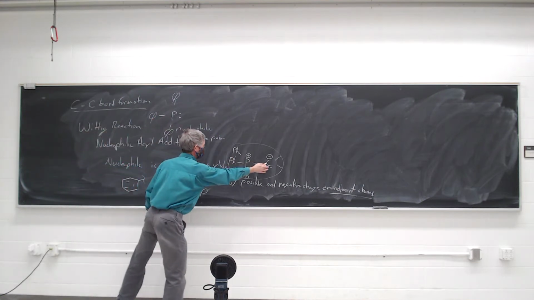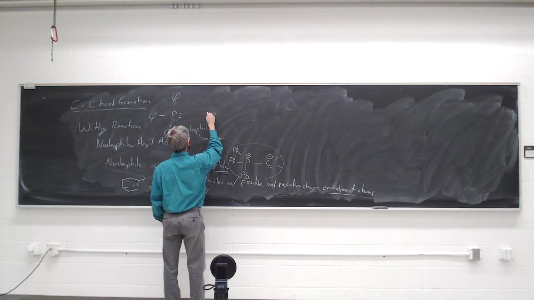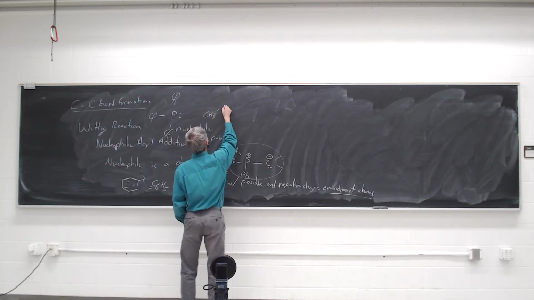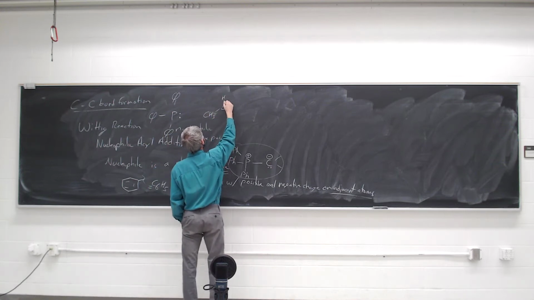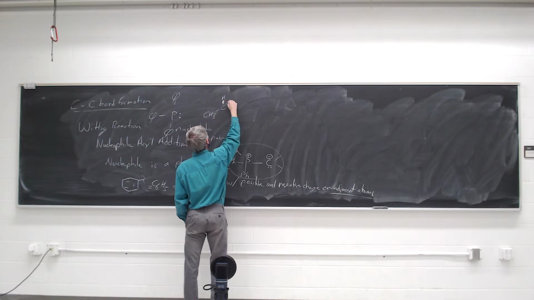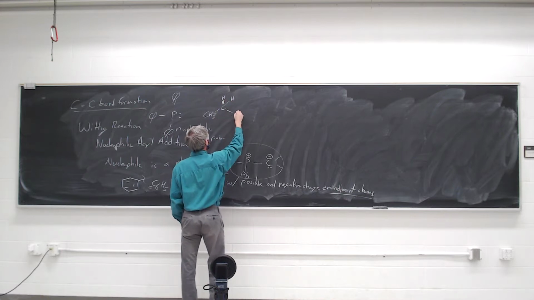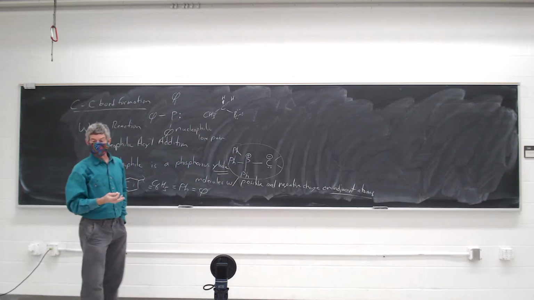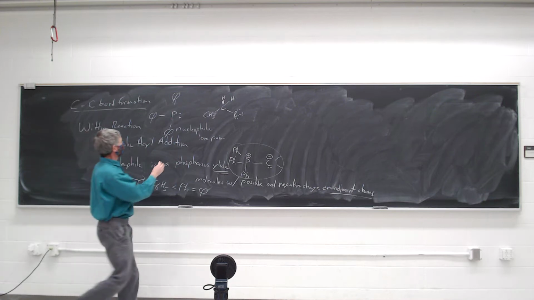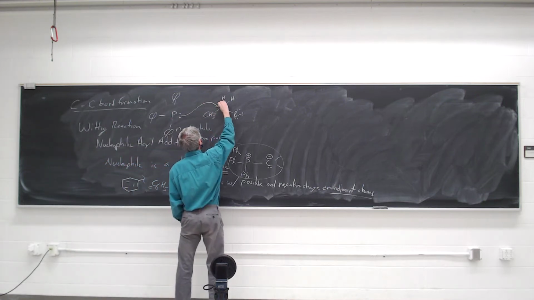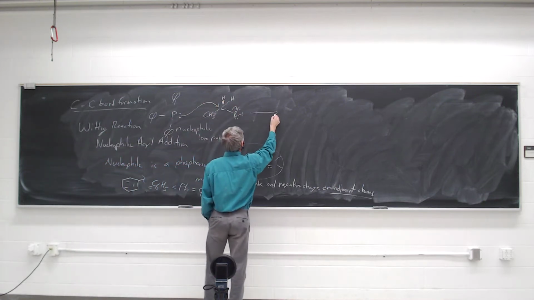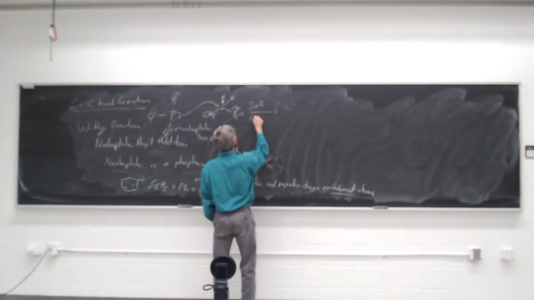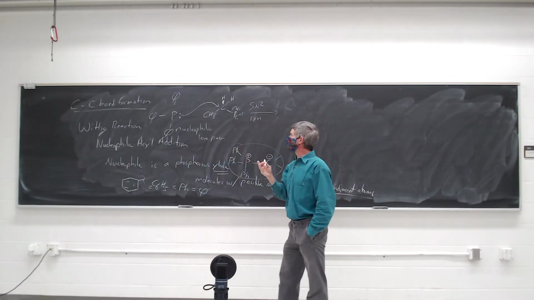And then we're going to react this with an alkyl halide. And let's just use bromoethane as an example. So this is an SN2 reaction. And it's a really good SN2 reaction.